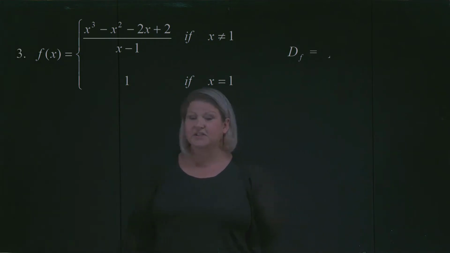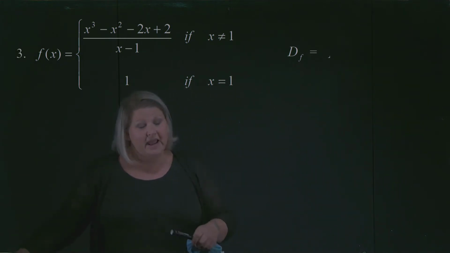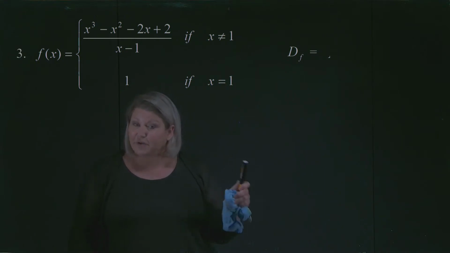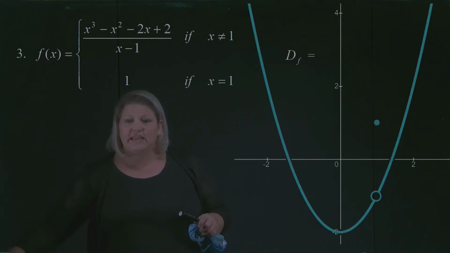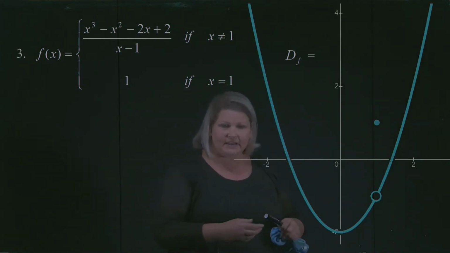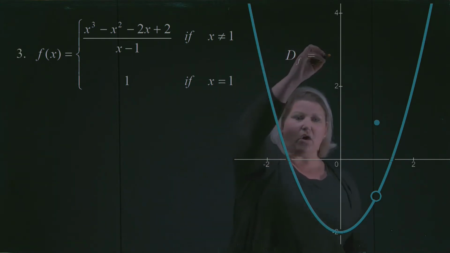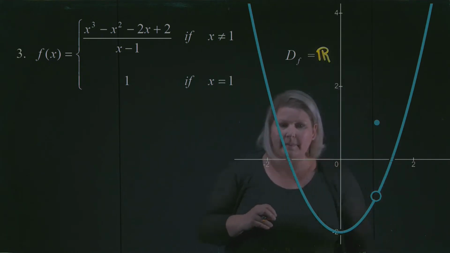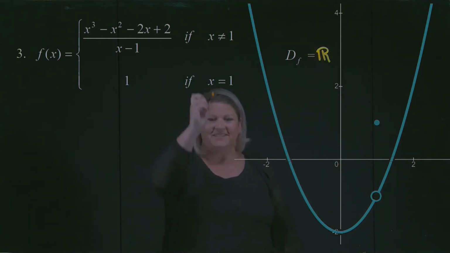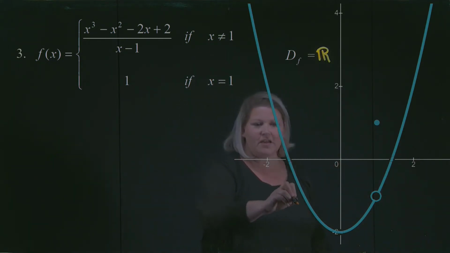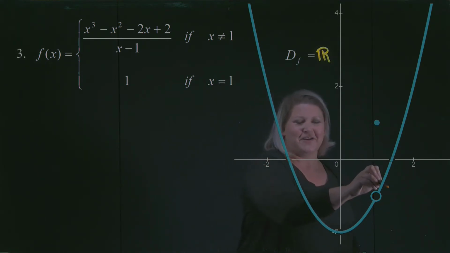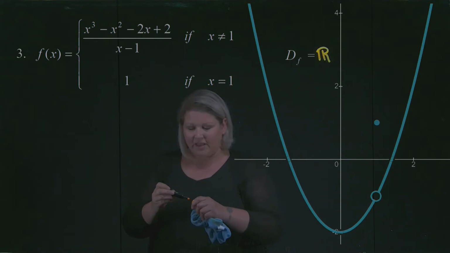So let's look at this third condition. Again, we have a piecewise function. This one's just a little bit different. If we graph it, we can see that again, the domain is still all real numbers. But if I were to draw this graph, I still have to pick up my pencil in order to draw the entire thing.